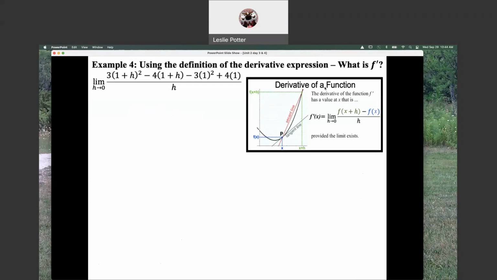This is our definition of our derivative now. We're talking about this. That's just the function at 1 plus h. So we really can look at this expression and say that is really just 3x squared minus 4x. That's how we look at that whole notation.